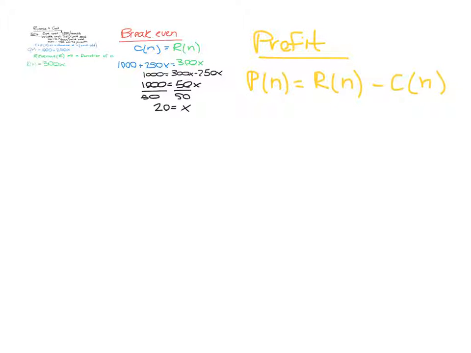So what we can do is go ahead and write in those equations. It's equal to, that's our revenue one, 300x, minus, putting brackets around our cost. Remember, we're subtracting. 1,000 plus 250x.